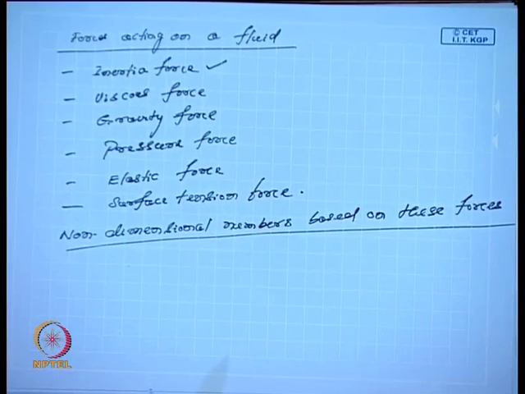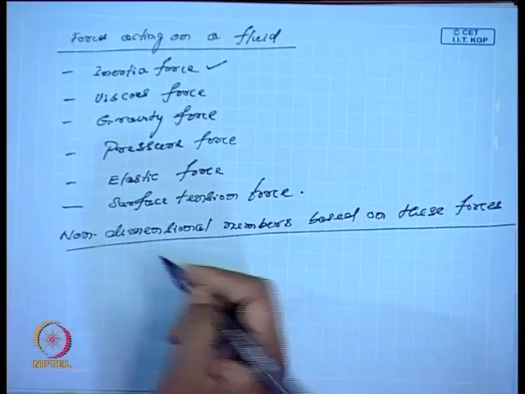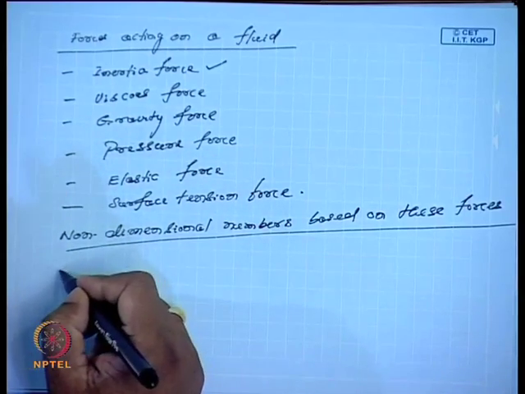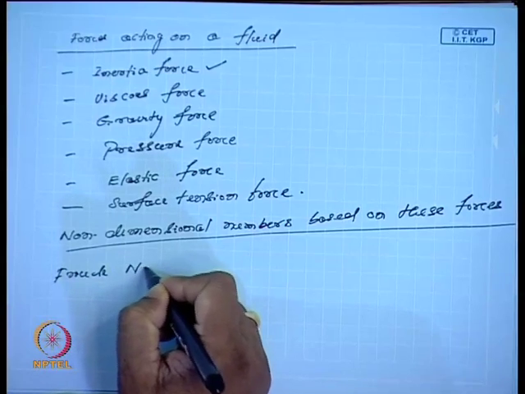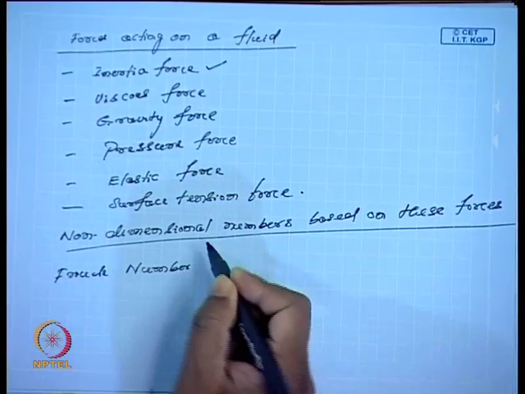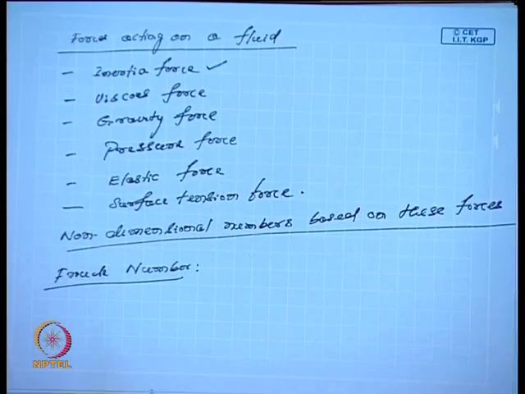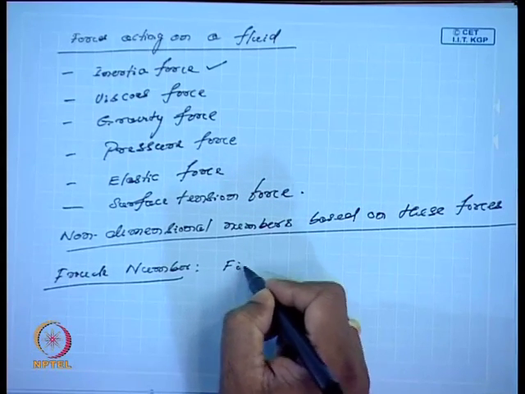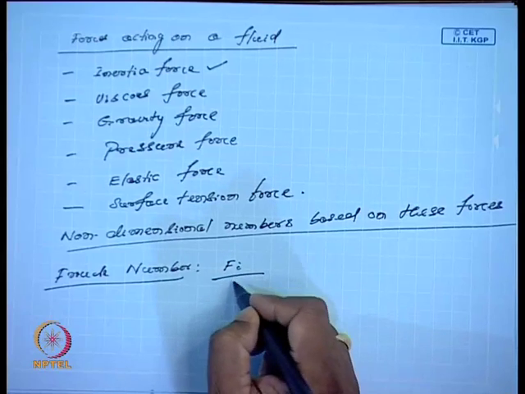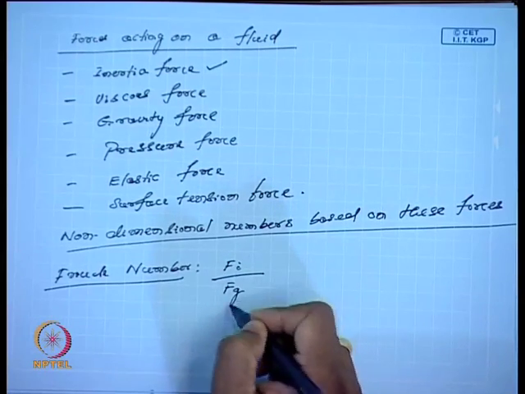Now, we look at the non-dimensional numbers based on these forces. So, the first one is called the Froude number. Basically, it is a measure of the ratio of the inertia force to the gravity force, call it Fi by Fg.